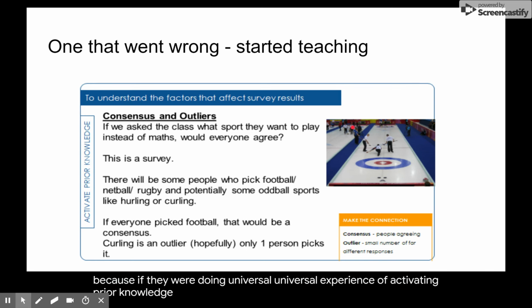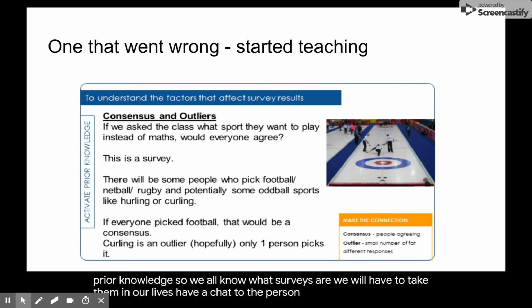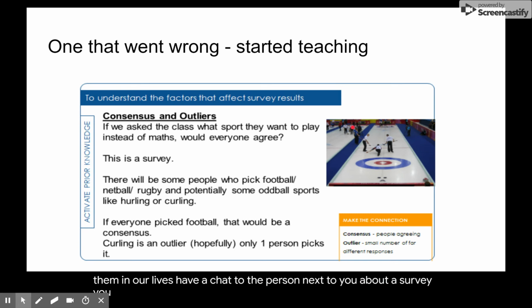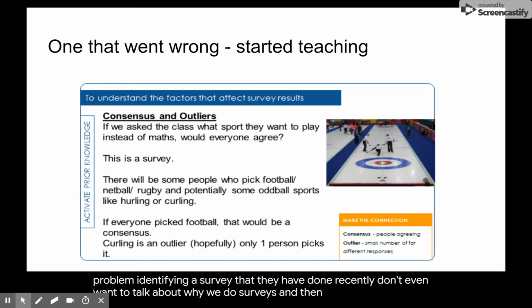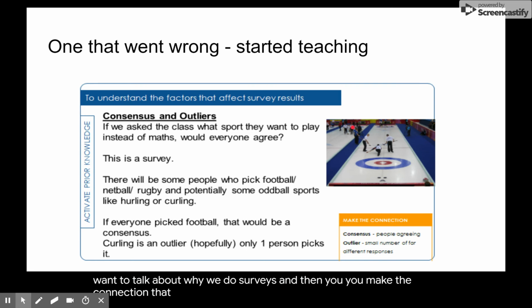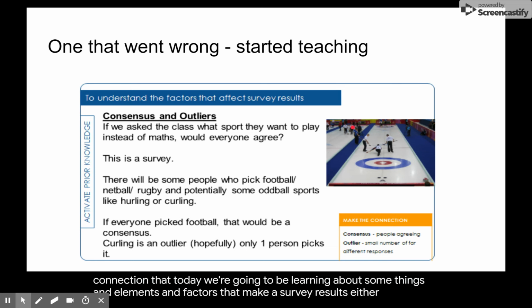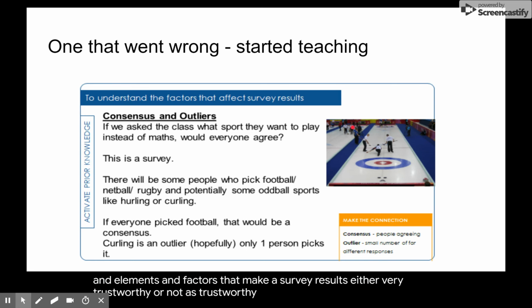So they could have said, we all know what surveys are. We've all had to take them in our lives. Have a chat to the person next to you about a survey you've done recently. And let's face it, our students shouldn't have any problem identifying a survey that they have done recently. They might even want to talk about why we do surveys. And then you make the connection that today we're going to be learning about some elements, some factors that make survey results either very trustworthy or not as trustworthy as you might think.